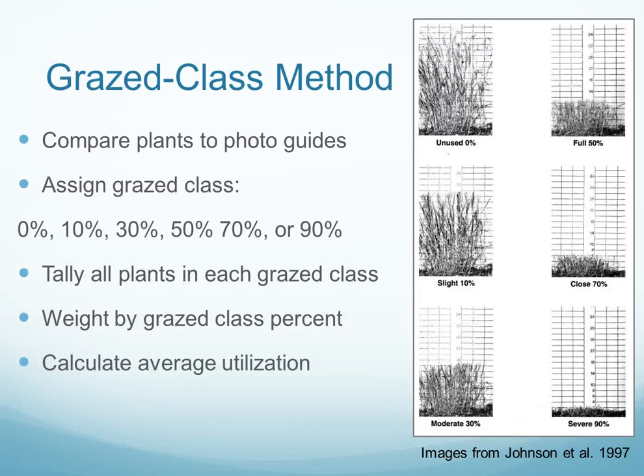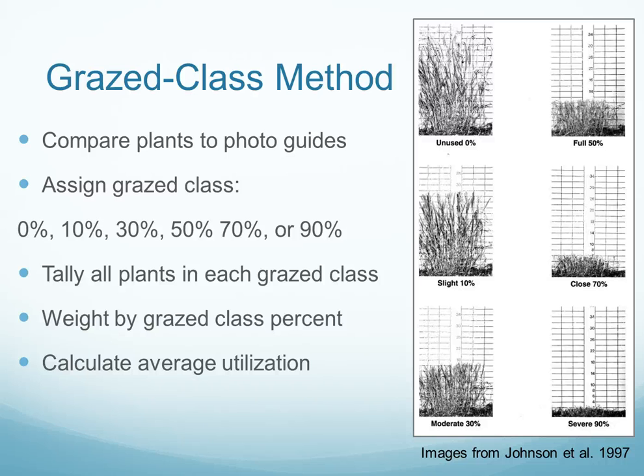Now another approach that we use that relies on estimation also uses height, but instead of having to measure plants, we use photo guides that have been developed for different species.